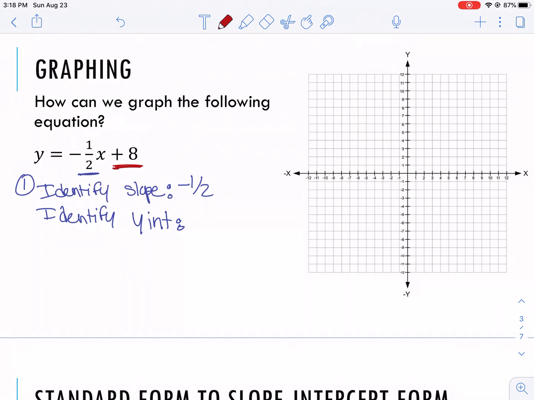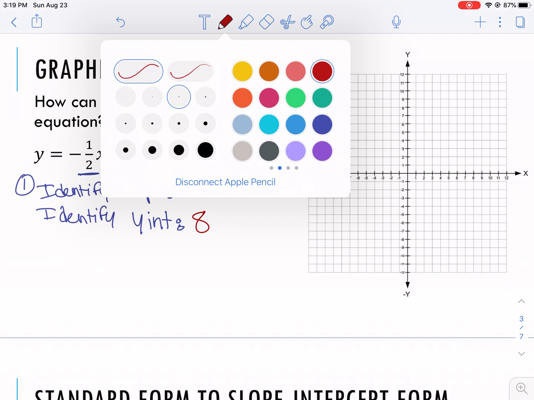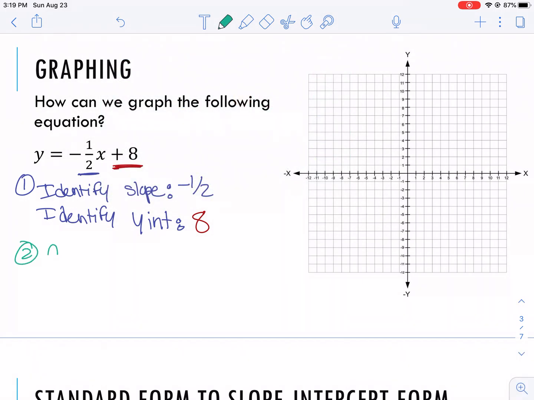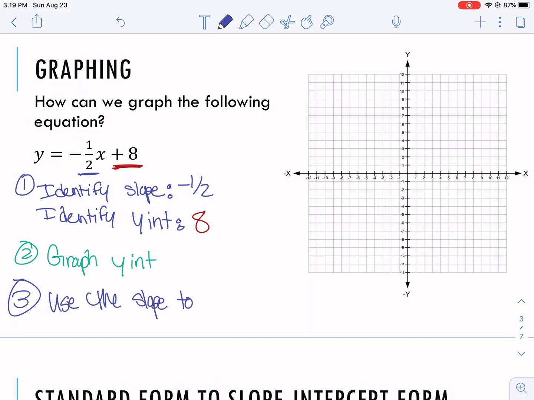And the y-intercept is 8, okay? (0, 8). Step 2 is then we graph the y-intercept. And then step 3 is use the slope to plot the following points.